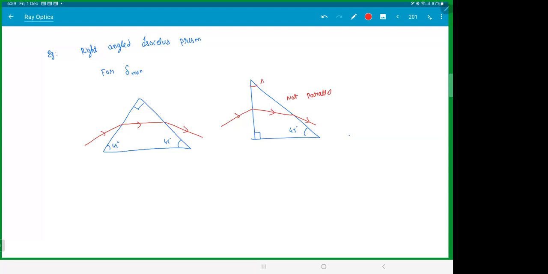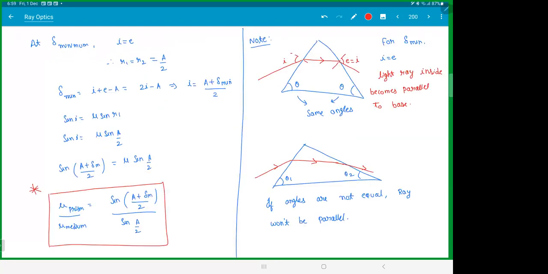In this case, A is 45. In this case, A is 90. Be careful. Have a look at this. That would be a simple, straightforward question, because the moment you see the word delta minimum, people think the light ray is parallel.